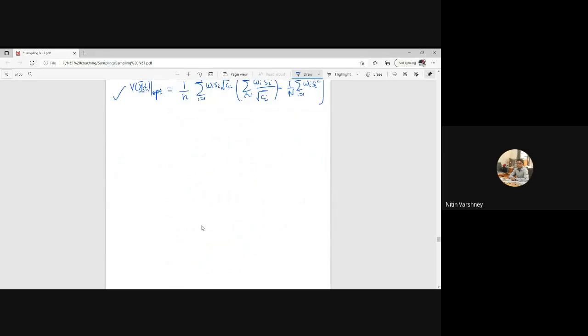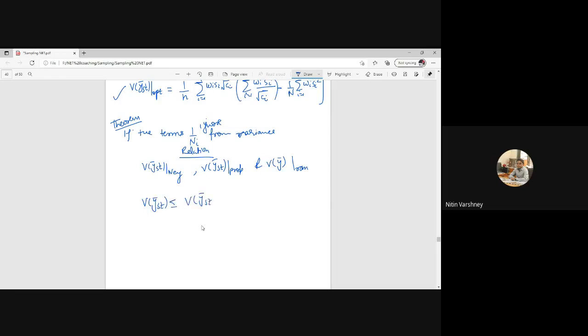Now we will see one comparison. You have to remember directly that if we ignore terms like 1 upon Ni from the variance formula, then the relation between the variance of y bar st under Neyman allocation, the variance of y bar st under proportional allocation, and the variance of y bar under random sampling, where usually we use simple random sampling without replacement, is that variance of y bar st minimum is less than or equal to variance of y bar st proportional, which is less than or equal to variance of y bar random sampling.